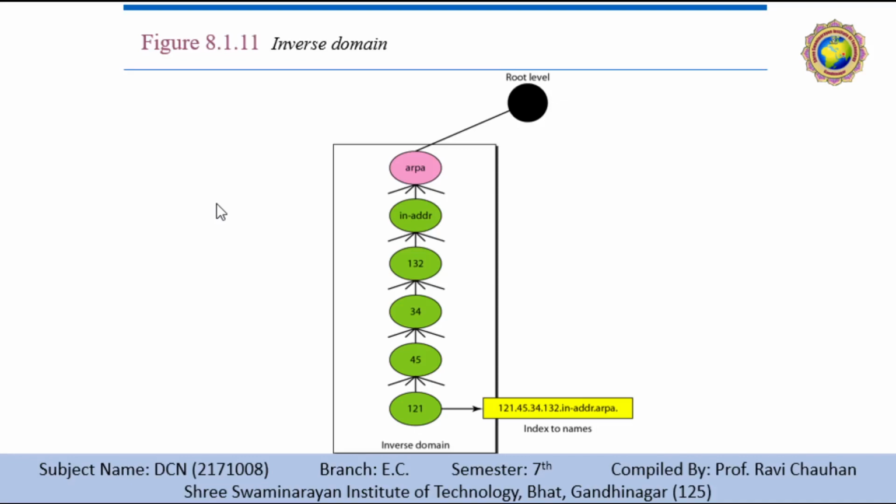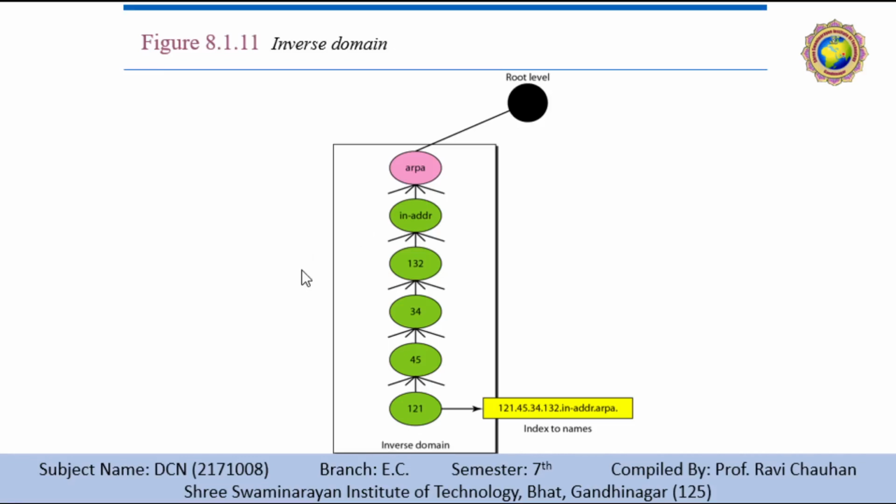To handle a pointer query, an inverse domain is added to the domain namespace with the first level node called ARPA. The second level is also one single node named IN-ADDR. The rest of the domain are the IP addresses. Fine, so the servers that handle the inverse domain are also hierarchical.